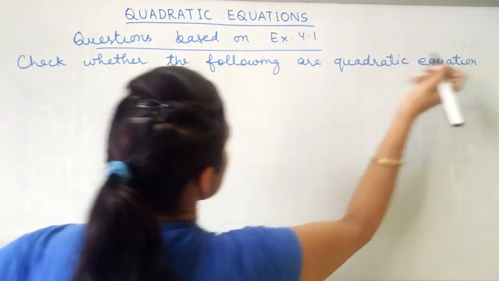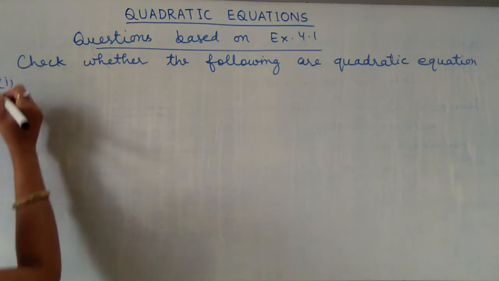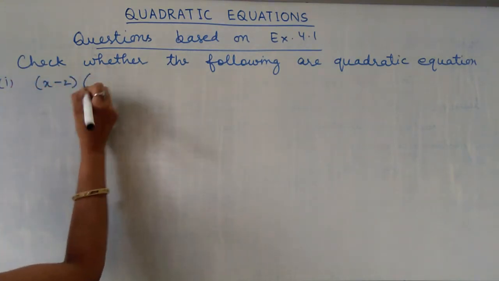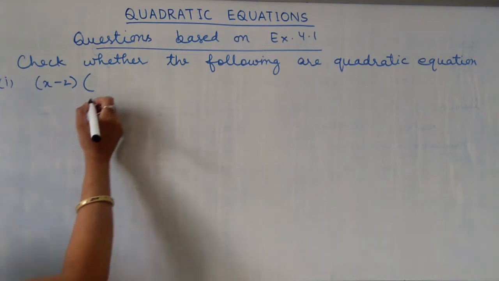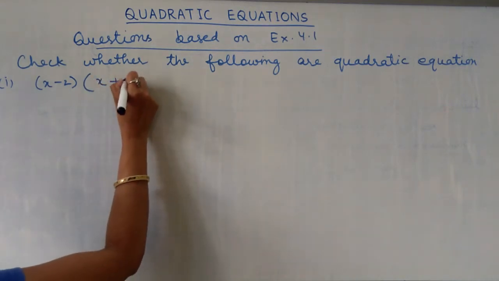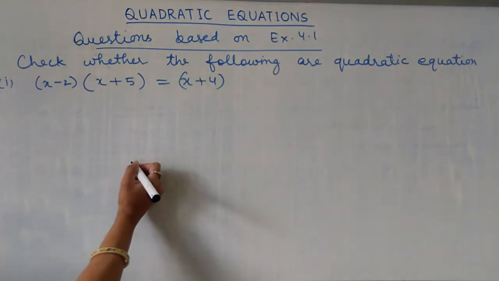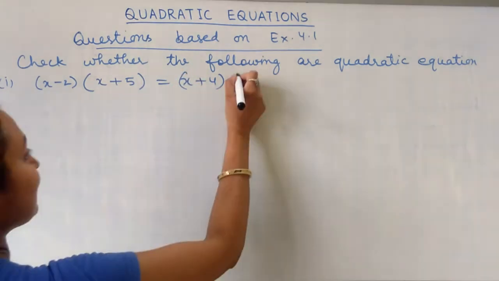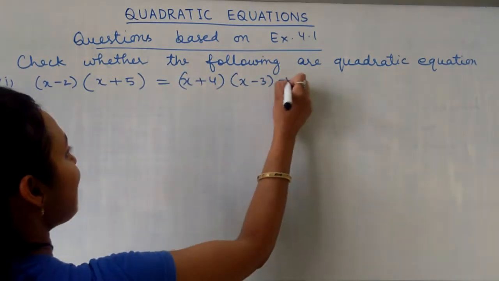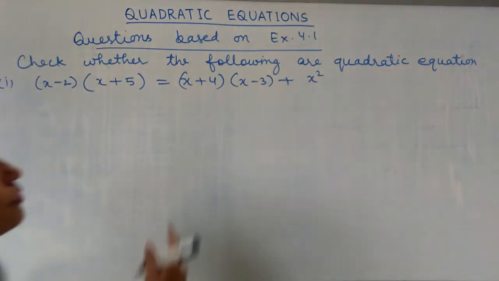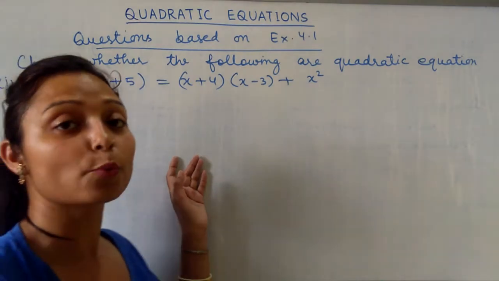We have the first question, that is x minus 2 with the product of x plus 5 is equal to x plus 4, x minus 3 plus x square. Okay, so this is the question. You have to check whether this is a quadratic equation or not.